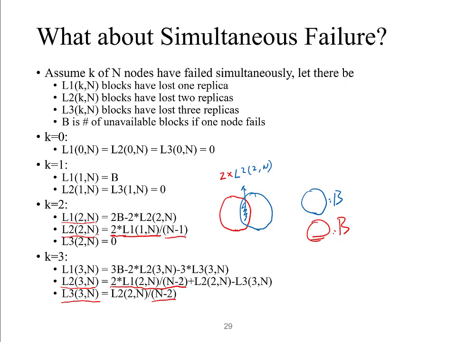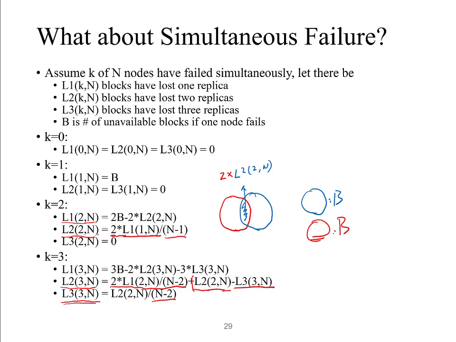You can take them as the new blocks that have lost 2 replicas. So we need to add the old blocks that have lost 2 replicas, and minus those that have lost 3 replicas, because this part, the L3, comes from L2.